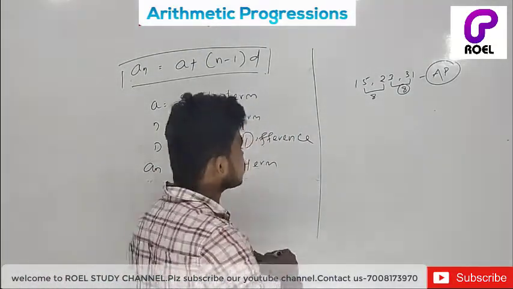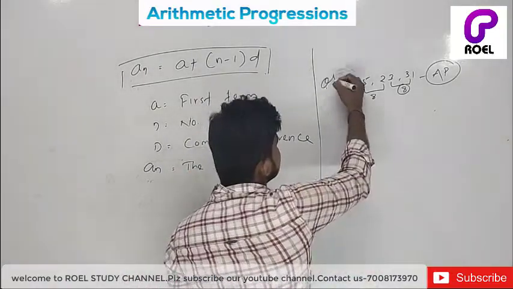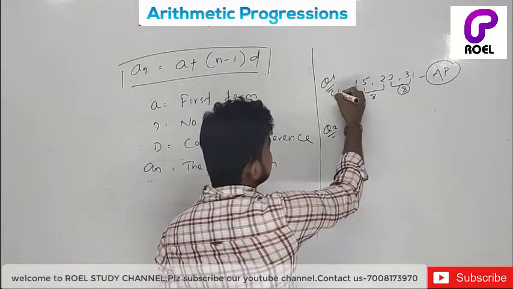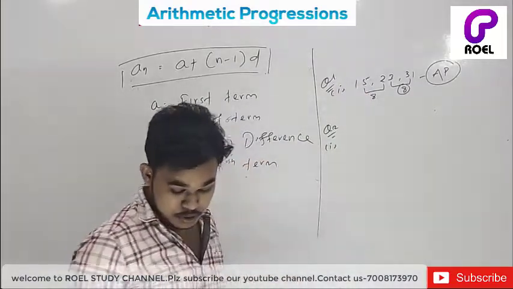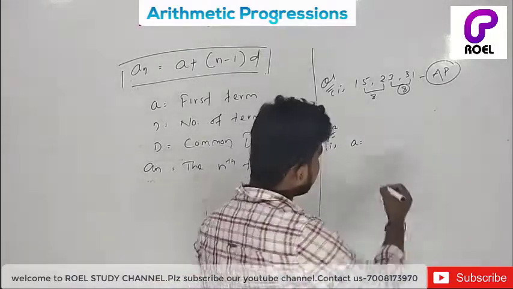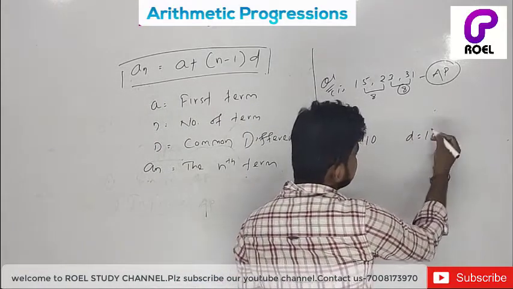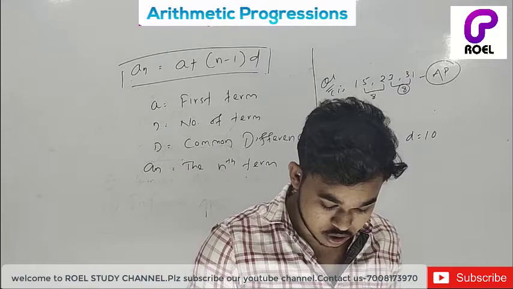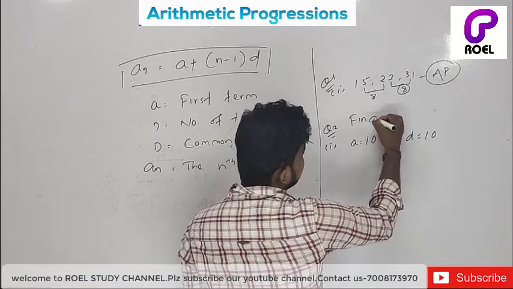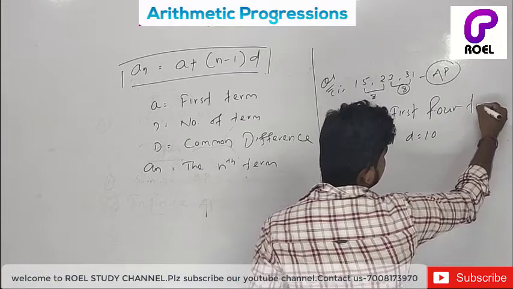What is given in question number 2? ये था question number 1. Question number 2, point 1, ये था 1 और ये भी है point 1. Here A is given as 10, D is also given as 10, and the question has asked us to find the first 4 terms.